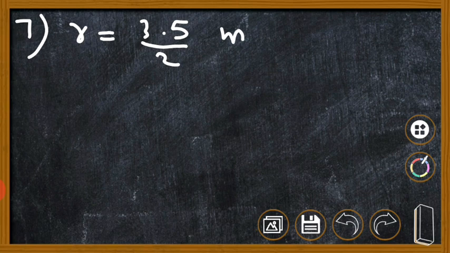Okay, so here the diameter is given, 3.5. So what will be the radius? Radius equal to 3.5 by 2 meter. And height is given. What is the height? It is 10. Okay. First question, the inner curved surface area. So what is the formula?